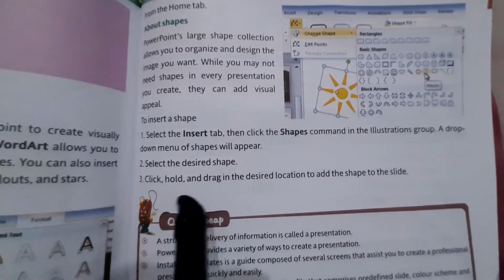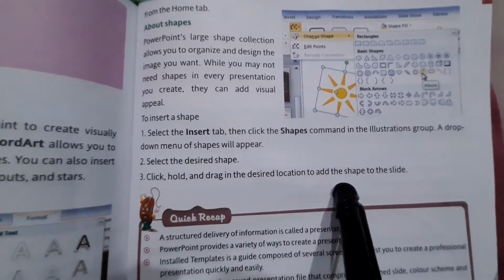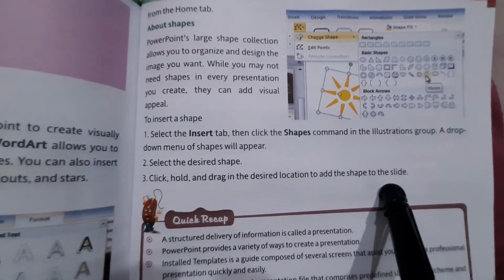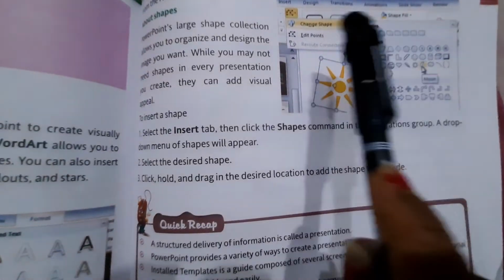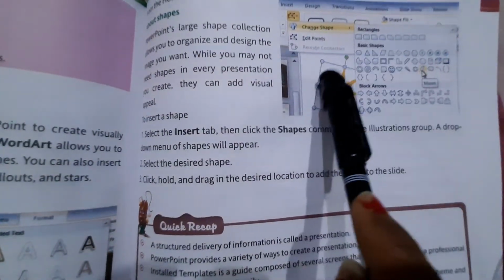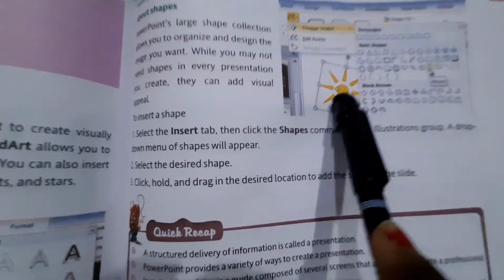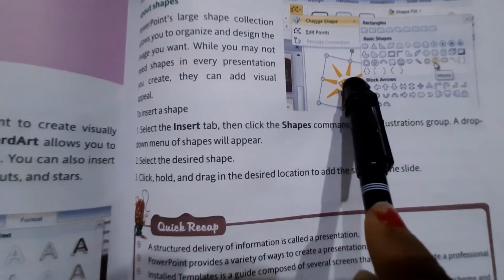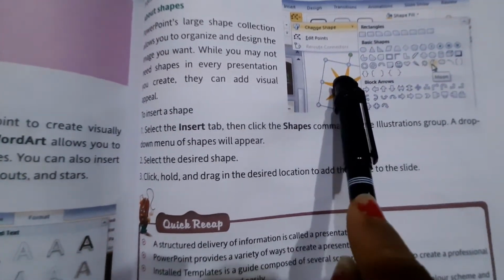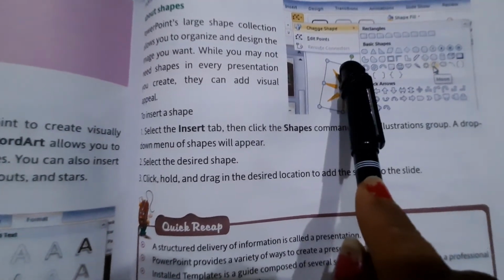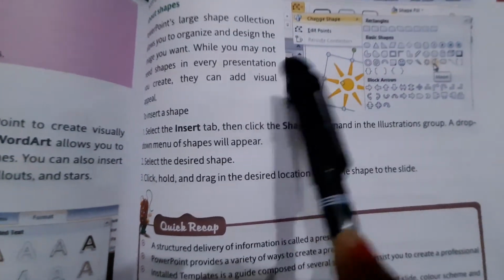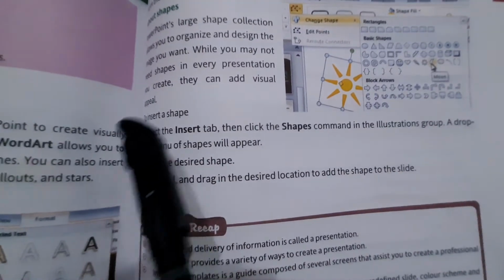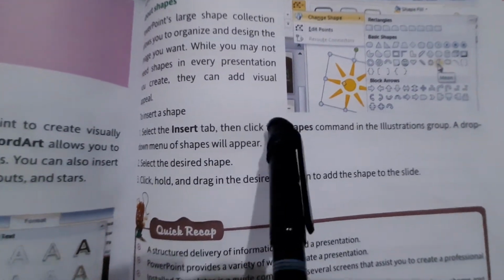Select the desired shape and click, hold, and drag in the desired location to add the shape to the slide. So you will click on Insert and from there you can add the shape. Like right now we have added this shape, then we can increase or decrease its size, we can rotate it, and on and on. We can make various changes.